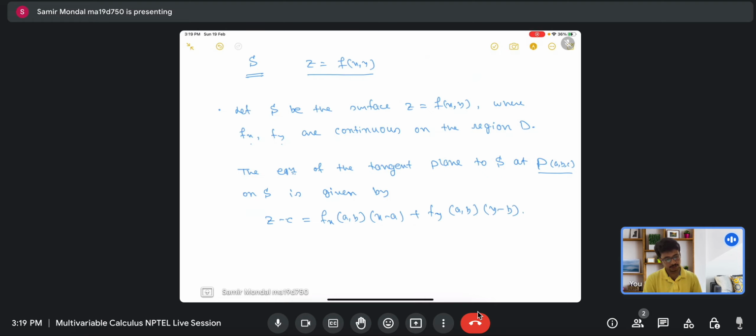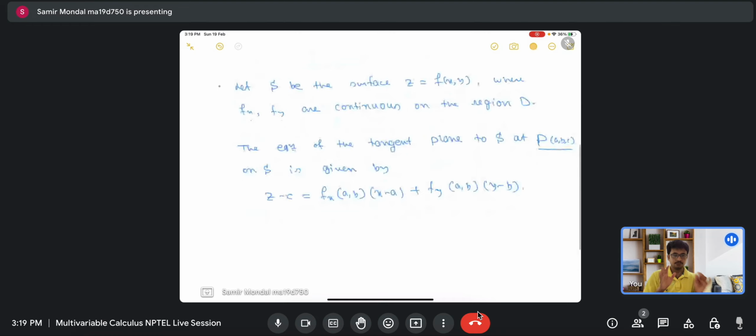This is the equation of the tangent plane to the surface z equal to f of x, y at the point P (a, b, c) on the surface S. This is the equation of the tangent plane for two variable functions.